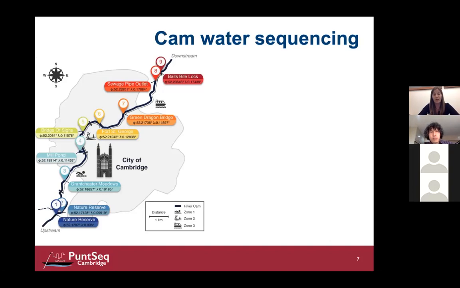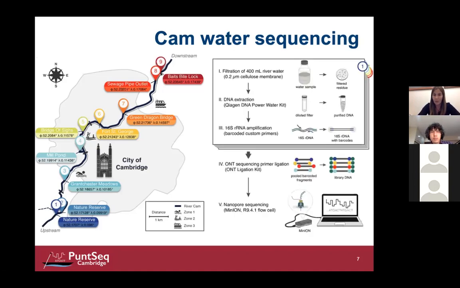That means we have a really nice spatio-temporal picture of the river Kem in this 1 year. In addition, we always included a negative control, which just means ultra pure water, into our sequencing to see that we don't have any sort of contamination in our data.